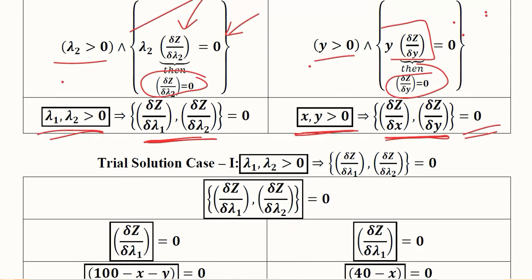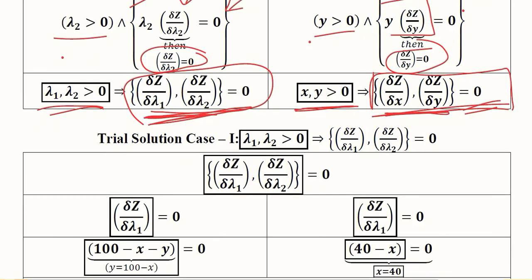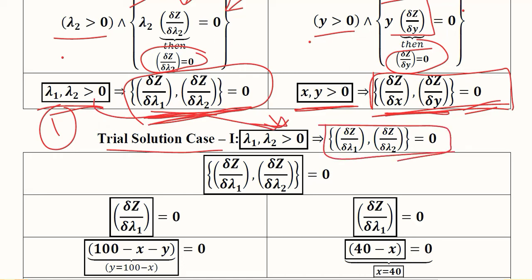Now these two equalities equal to 0 can be used to solve the simultaneous equations that we had. Since this is the first trial solution method we have, we will use this first, in which the multipliers were assumed to be positive and hence these derivatives were found to be 0.